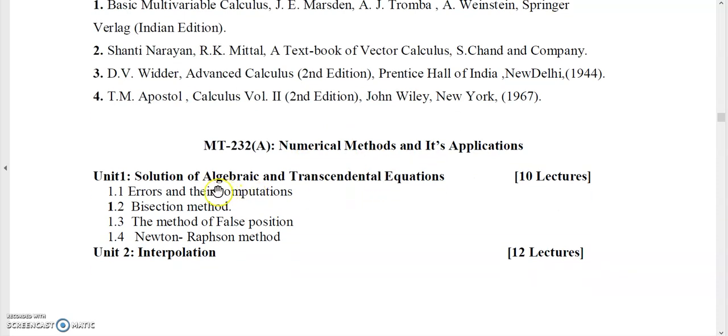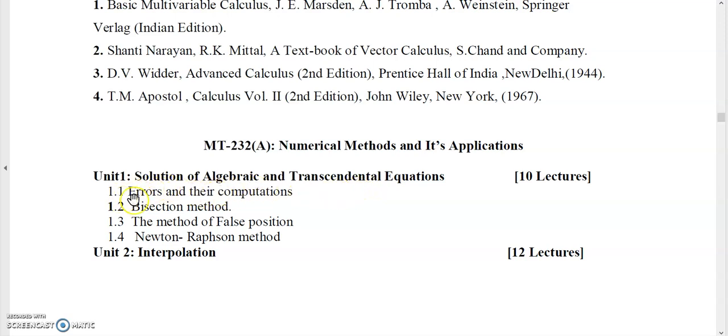Unit number 1 is Solution of Algebraic and Transcendental Equations. Algebraic equations are simple or polynomial equations, and transcendental equations are those in which transcendental functions are involved, like the logarithmic function, exponential function and trigonometric function.